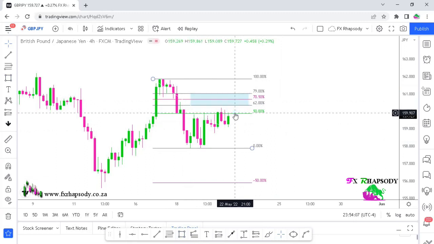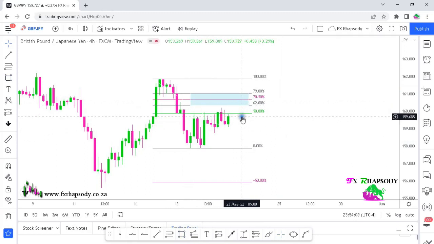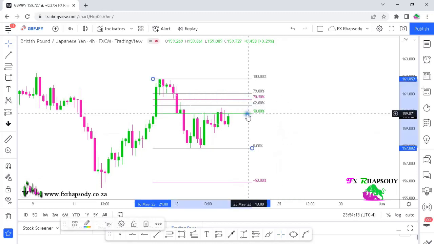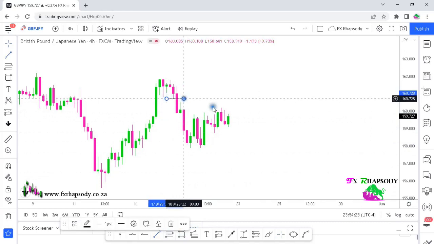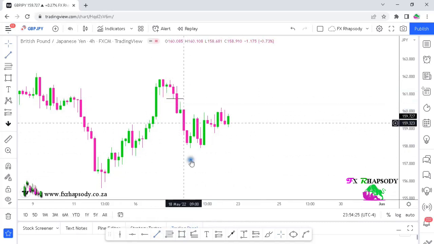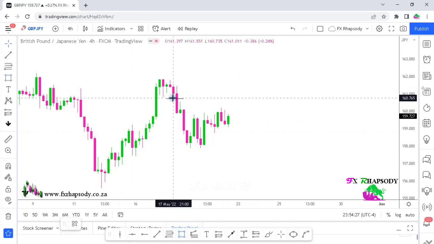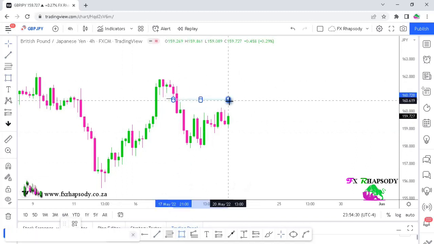Now I'm going to take the Fibonacci out. What you can see is price breaking structure over here, and with that creating a fair value gap from there to there.